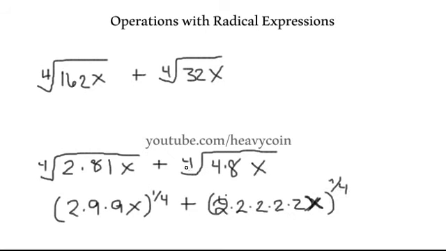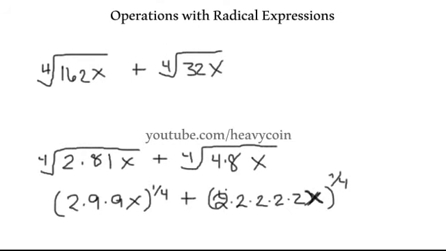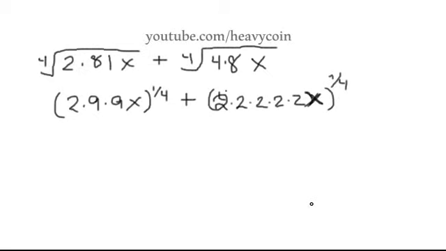The biggest part of this stuff is just factoring these things, breaking these things down. And of course, this 81, which was the 9 times 9, can actually be written, 9 is 3 times 3, and this 9 is 3 times 3. So you'd have 4 3's, so 2 times 3 to the 4th.